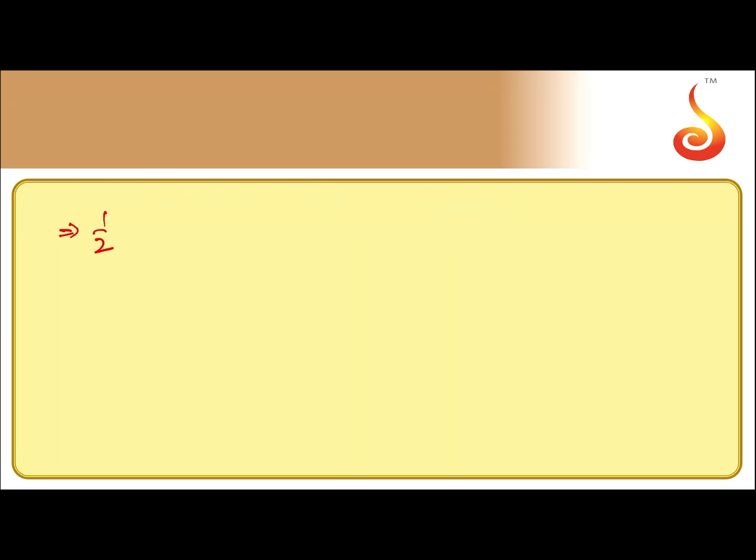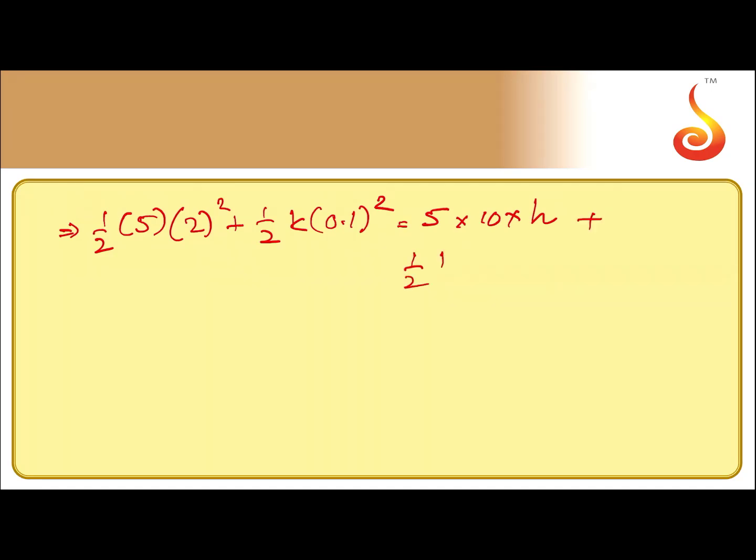Half m, 5 kg, velocity is 2 square, plus half k, initial elongation is 0.1 square, and this is equal to mass 5 kg into g 10 into h plus half k (h minus 0.1) whole square.